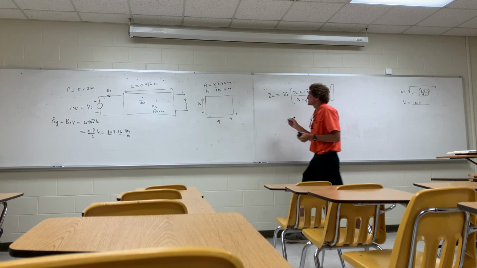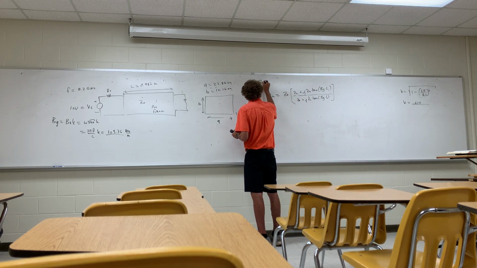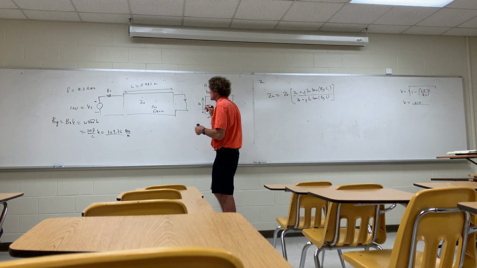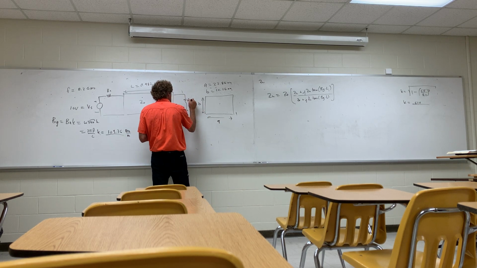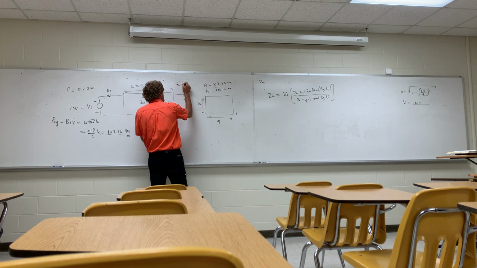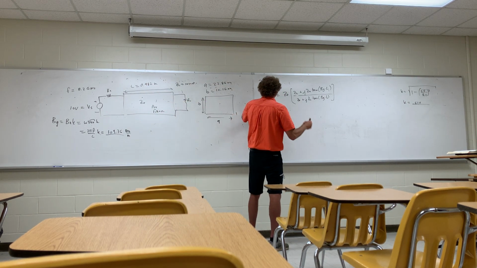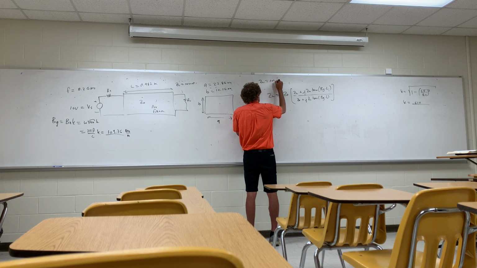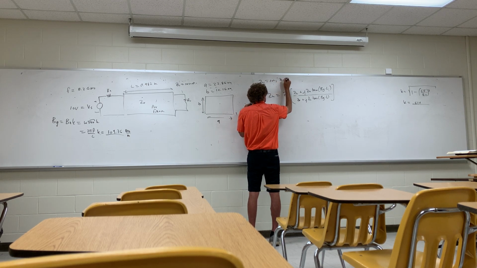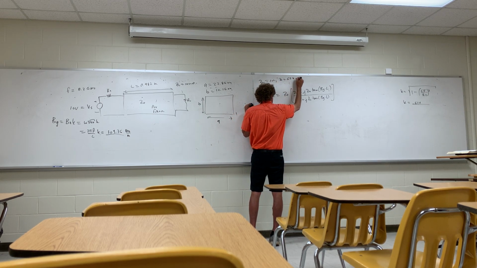And for ZL, it's shown there, but what was L? 100 ohms. So ZL is just 100, and that means you got Z naught there. I forgot what it was. ZL is 100. Z naught is 628 ohms? Yes, sir.